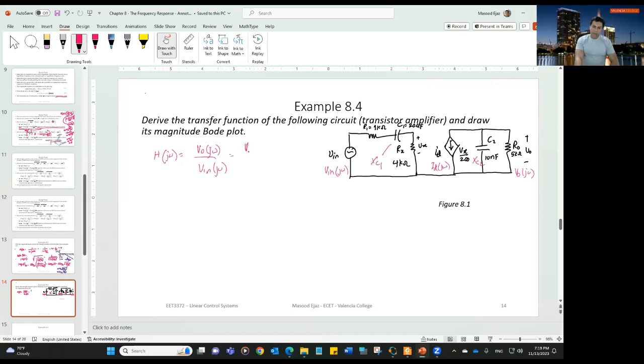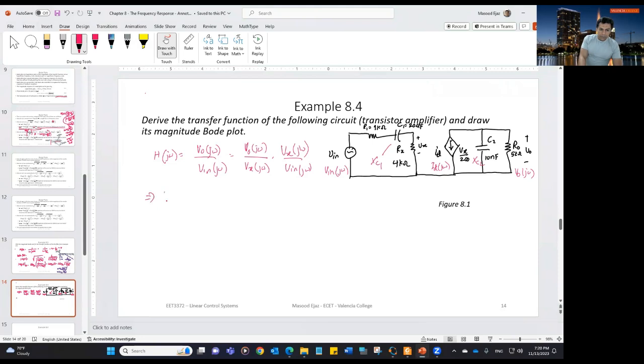Yep, very good. But what I was referring to is V out j omega over Vx j omega and Vx j omega over V input. So we can use the chain rule, and Vx j omega will be cancelled out. So we find Vx first and we can take the ratio of Vx over V input.